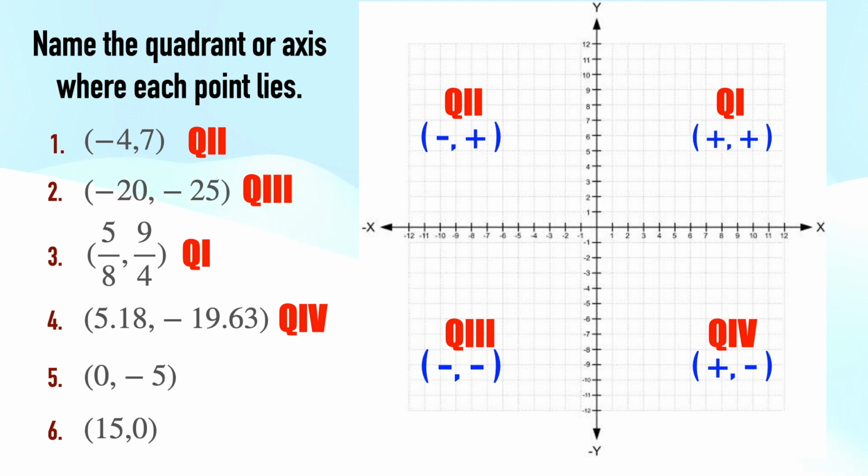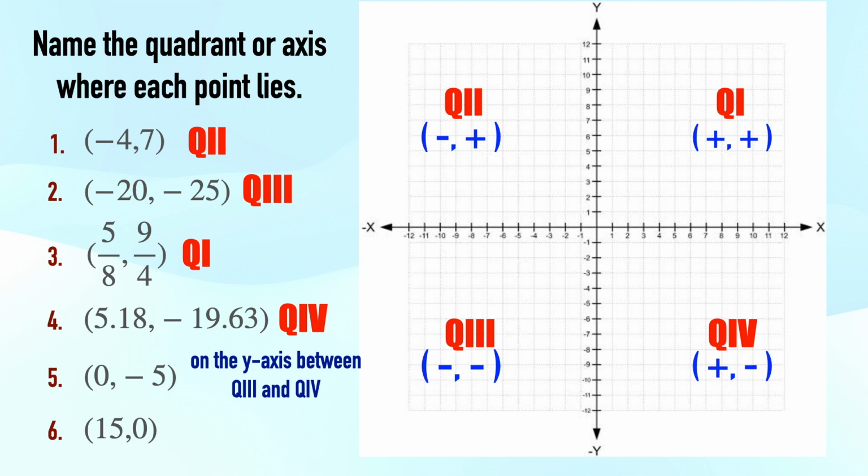And then yung y is negative 5, yung negative 5 ay nasa y-axis, yung 0 ay nasa x-axis. So yan ay on the y-axis between quadrant 3 and Quadrant 4. Tignan natin. Ayun, no? On the y-axis between Quadrant 3 and Quadrant 4.